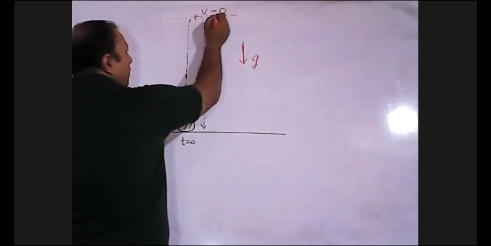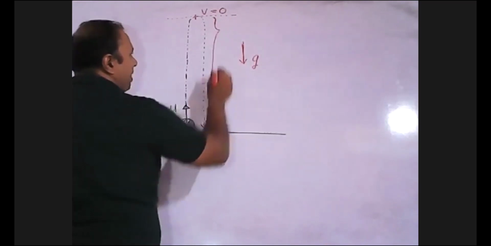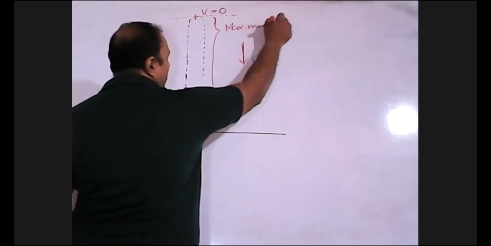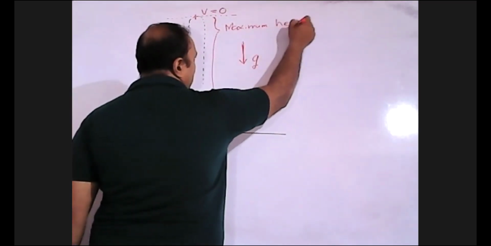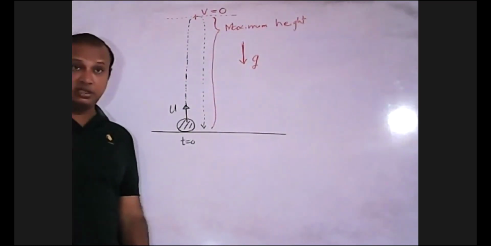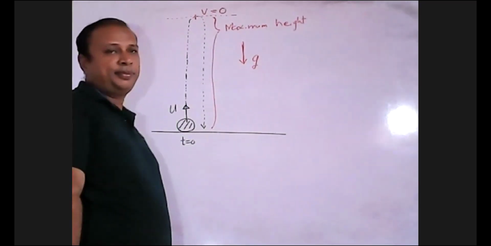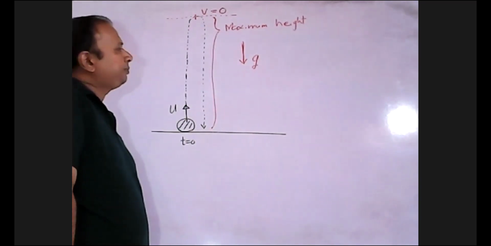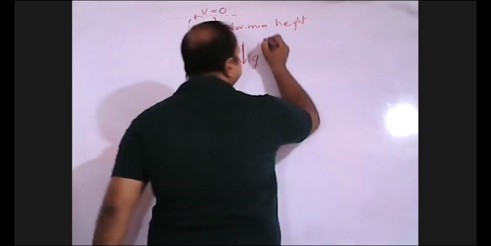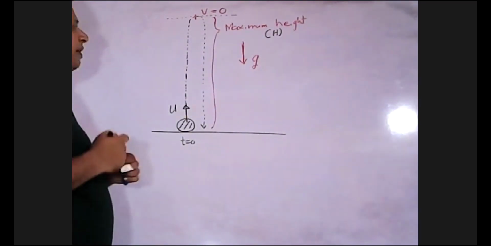So that point is called the maximum point or maximum height, the maximum height of the projectile or maximum height of the motion. Suppose it is h. We can find the value of h.